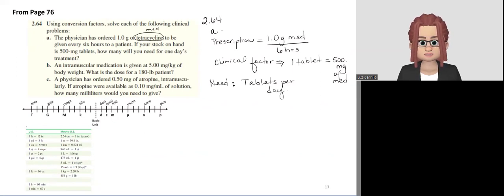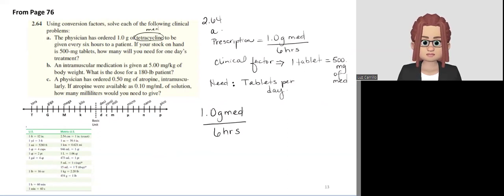So with this, let's set up the problem in terms of dimensional analysis. First, let's write our prescription. We need to give 1.0 grams of medication per 6 hours because it is every 6 hours.